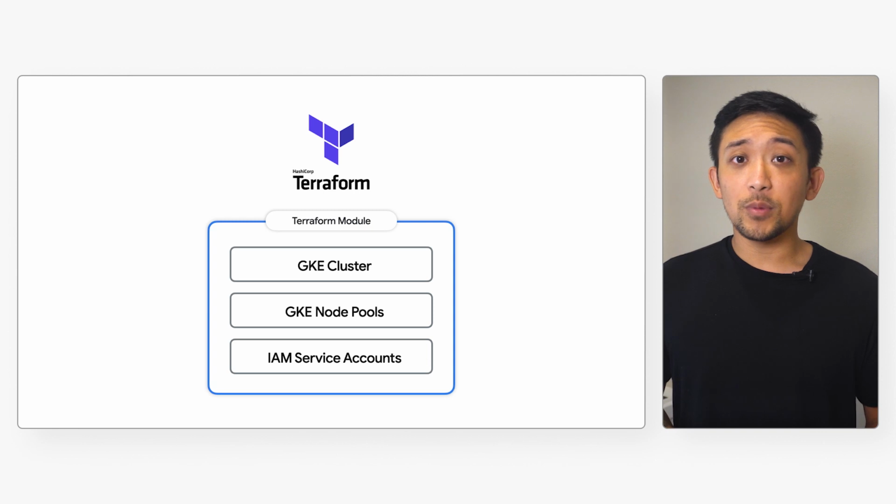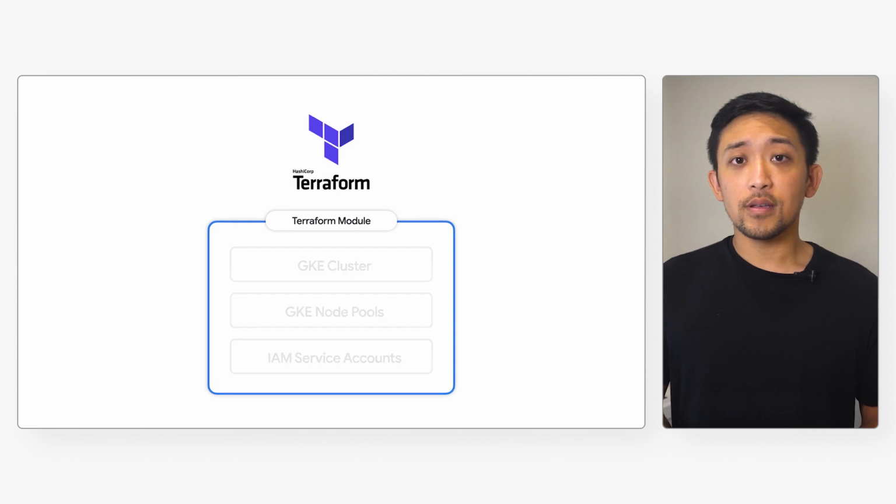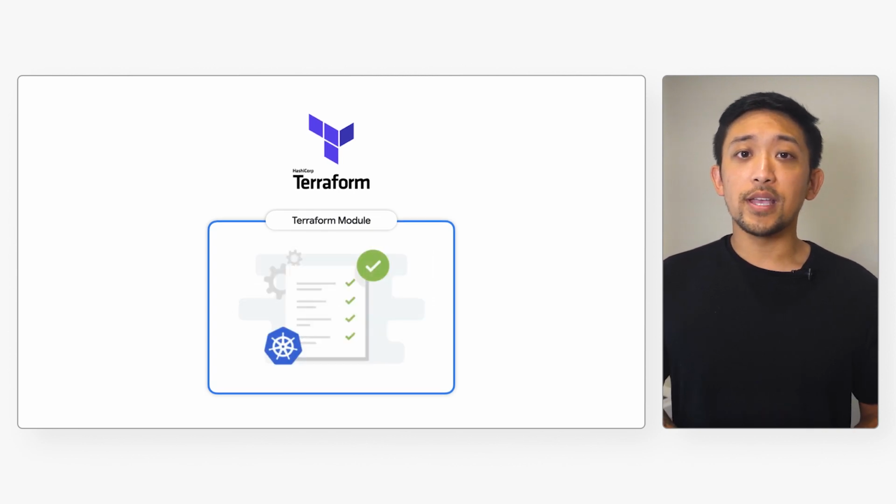In GKE's example, you might group a cluster resource, a few node pool resources, and a service account resource. Modules are also a way to provide opinionated infrastructure, using Terraform's ability to provide fixed values to implement your organization's best practices. Like, for example, you could ensure that GKE clusters have network policy enabled.